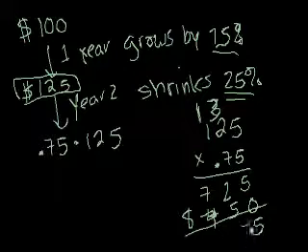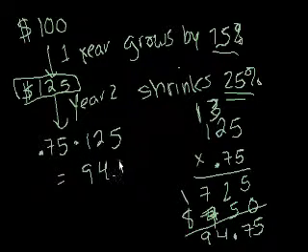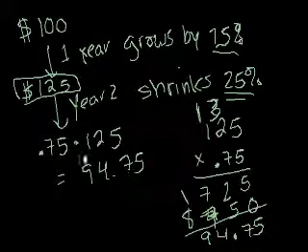So it's 5, 7, and then this is 7 actually. 14, 9. 93.75, right? 2 decimal points. So it's interesting.